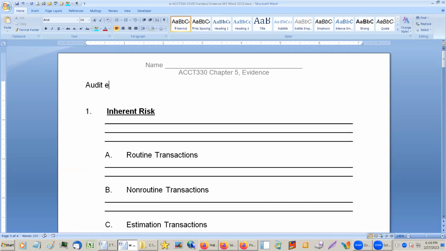Audit evidence is anything that corroborates or refutes a relevant assertion. I'll talk about that in a second.